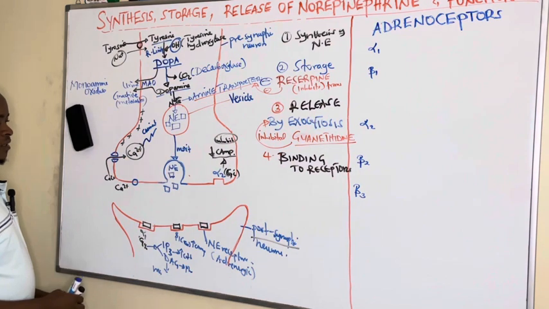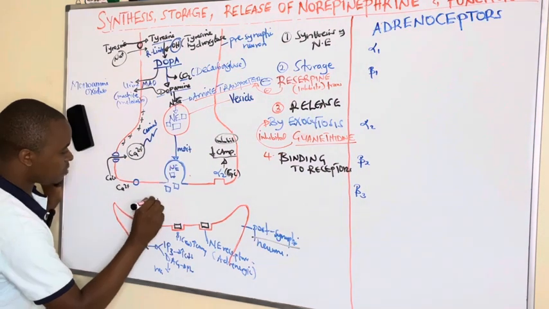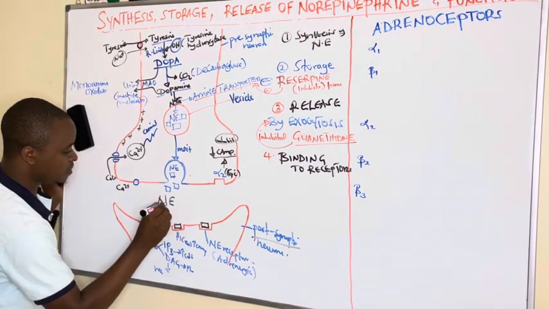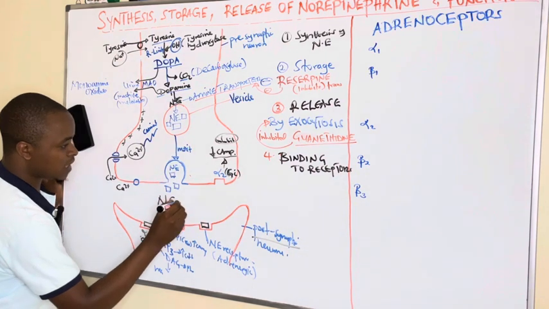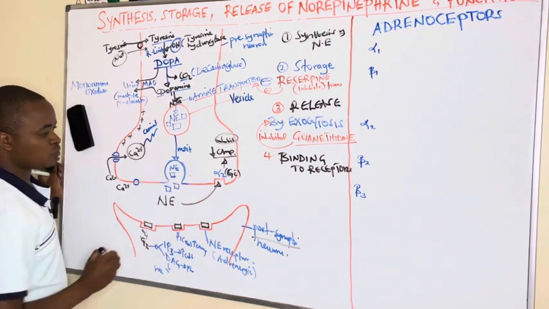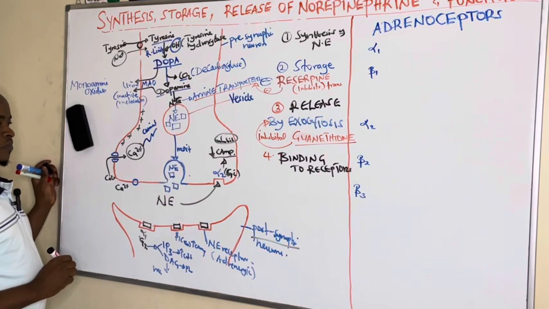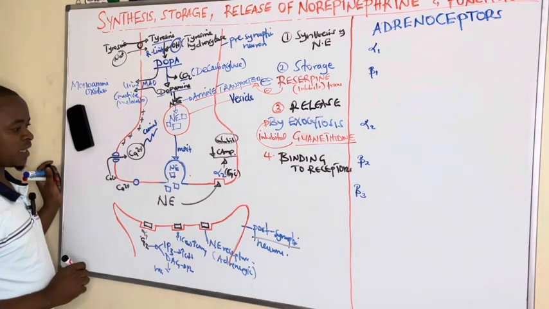Then after binding, some of the remaining norepinephrine binds on the autoreceptor, or presynaptic receptor, that is alpha 2.